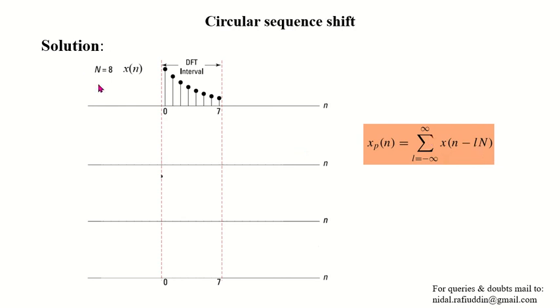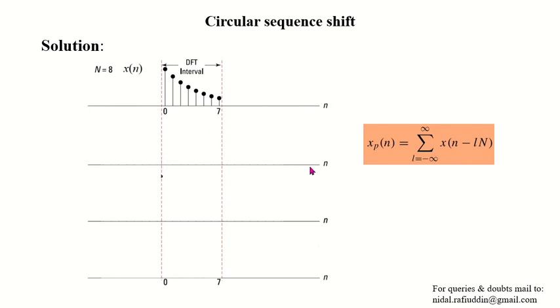Now we identified capital N as 8, so this will be 8L. If you choose the value of small l as 0, then what you get is x of n, the original sequence. So for L equal to 0, xpn will be the same sequence copied just below it.